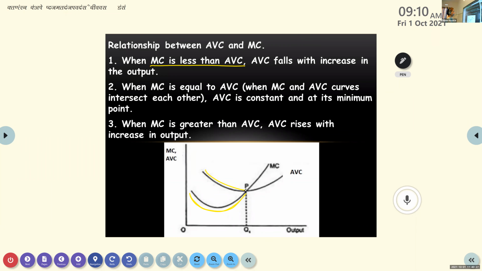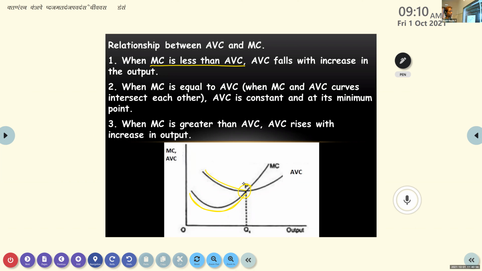Second relation, when MC is equal to AVC, here you can see the point P where both are intersecting. AVC is constant and it is at its minimum level, minimum point. So when MC intersects AVC, AVC is constant and at its minimum level.